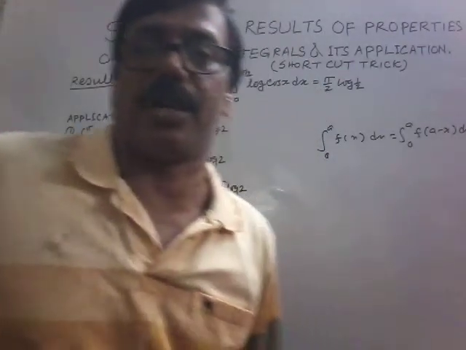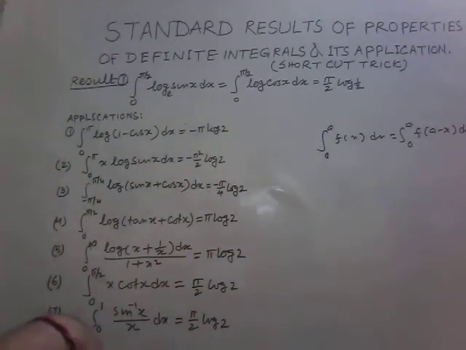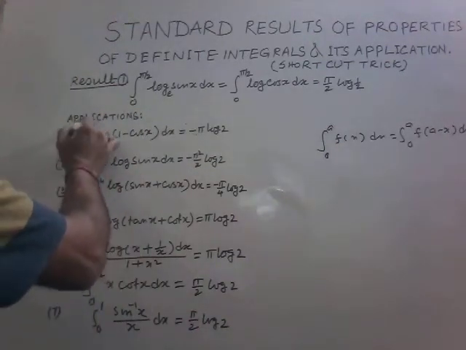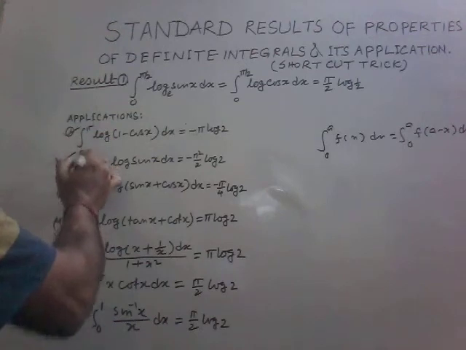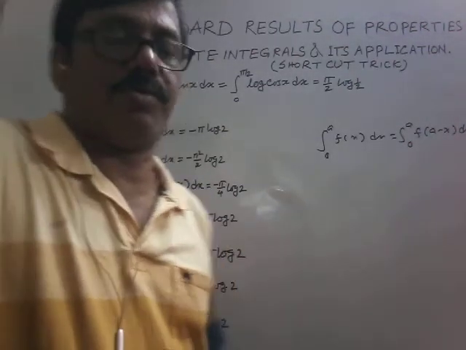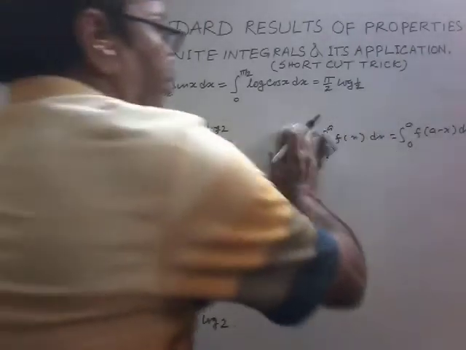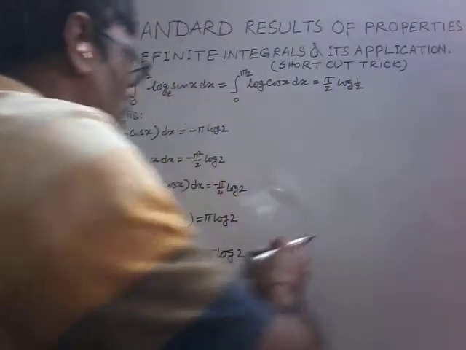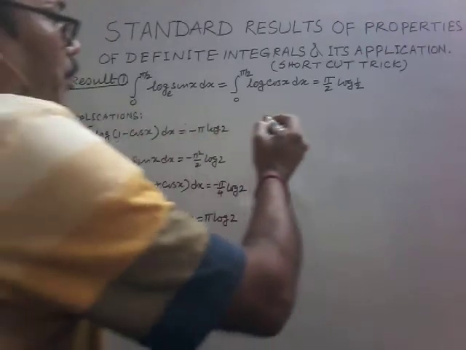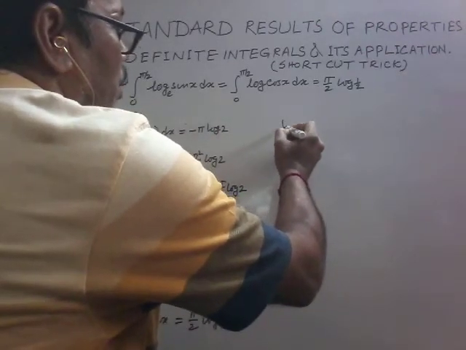So let us start. Problem numbers 1, 2 and 3 are of exactly the same type. Suppose we take problem number 2.